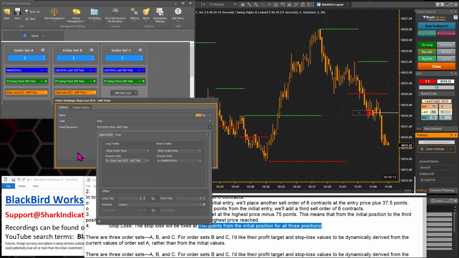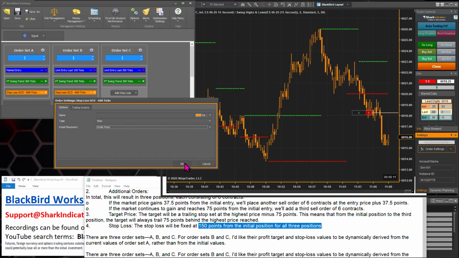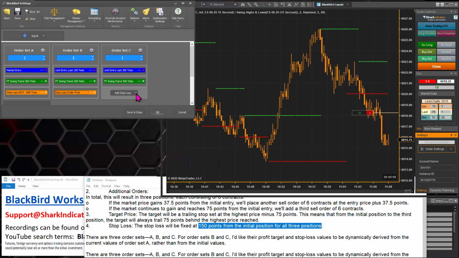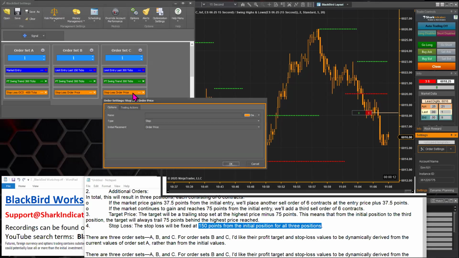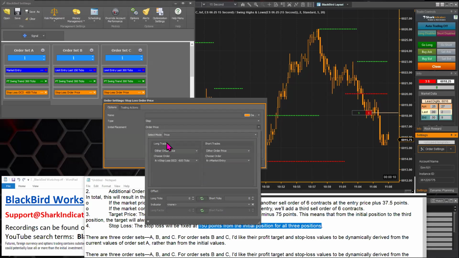Okay, so now that we got that corrected, I can go in to the stop loss for C, and we'll just copy the stop loss from B. There we go. All right, and if we open this up, there we go.